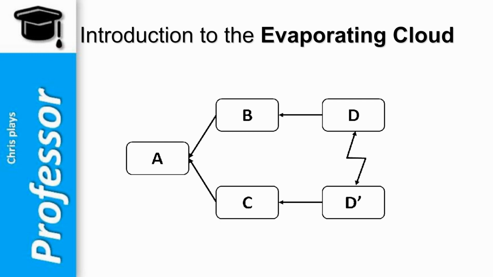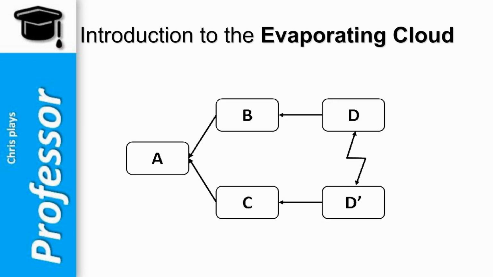At the same time, the arrows are hiding the underlying assumptions, and these can be true or false. These assumptions are usually statements or beliefs and/or justification for the relationship. The evaporating cloud's purpose is to surface and test these assumptions. The broken arrow or lightning between D and D prime is the symbol for opposition or conflict.